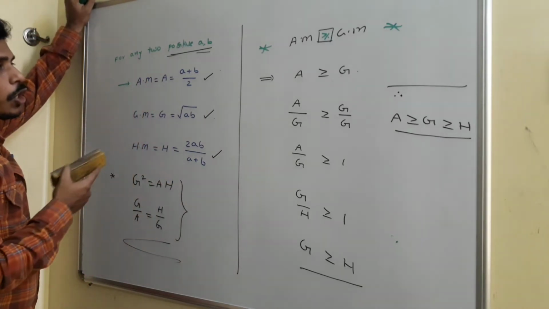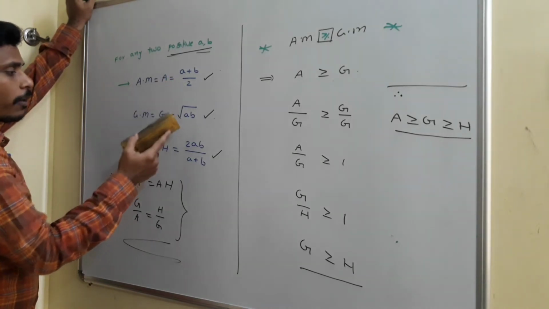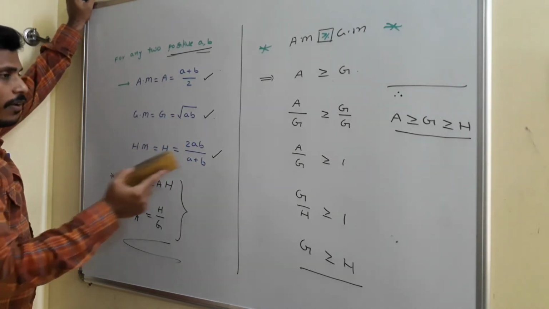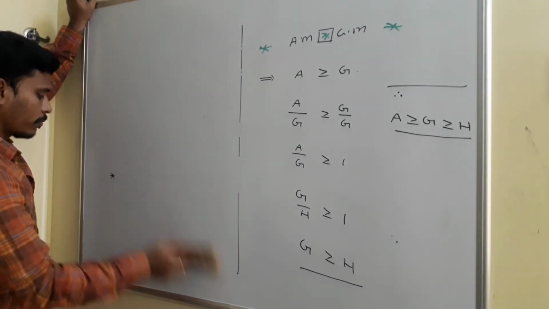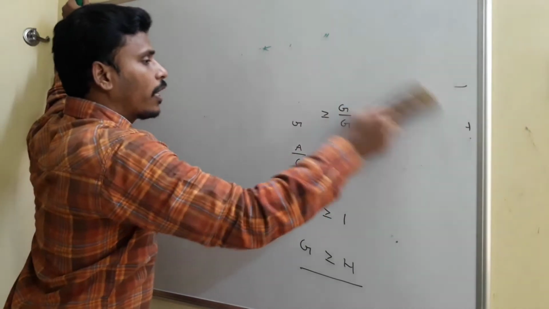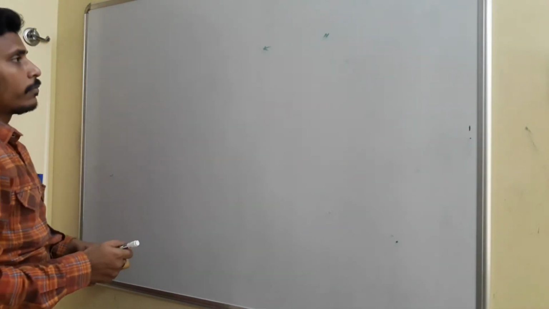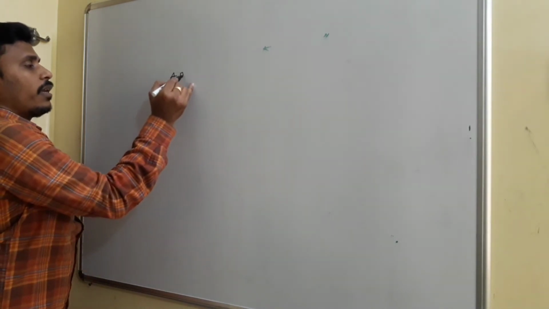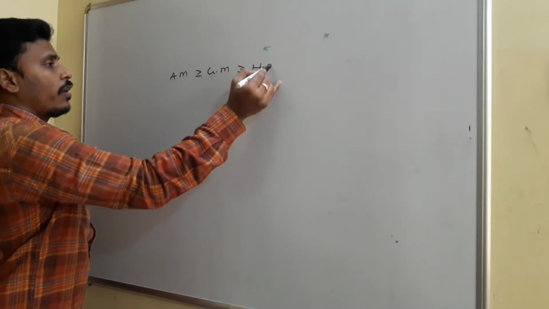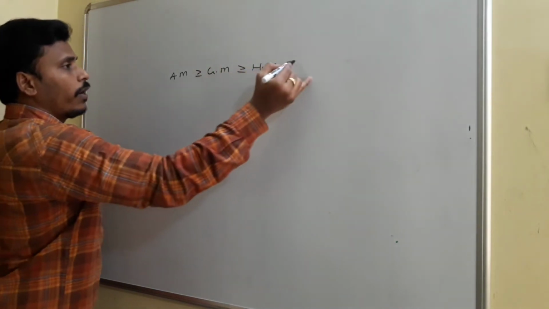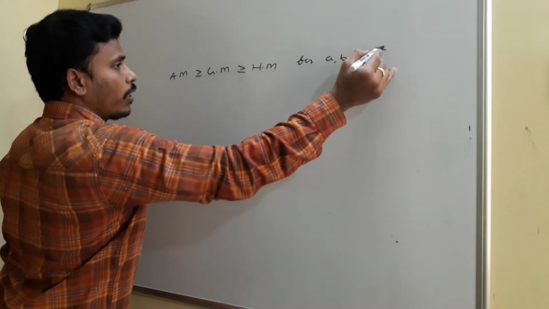So everything you need to keep in your minds is the arithmetic mean, geometric mean, and harmonic mean rules as well as the relations, right? And for suppose at the end my conclusion is that arithmetic mean is greater than or equals to geometric mean is greater than or equals to harmonic mean for a, b belonging to positive reals, right?